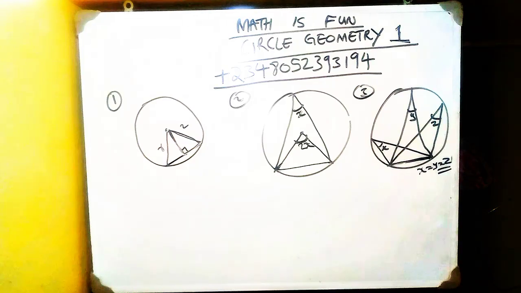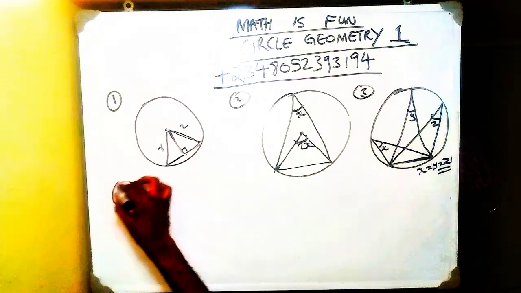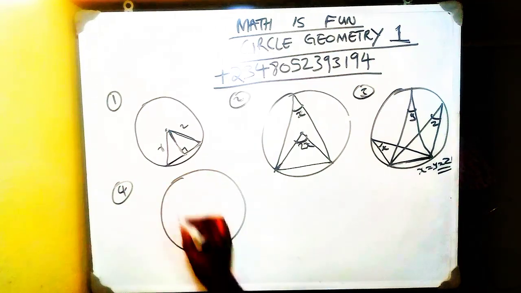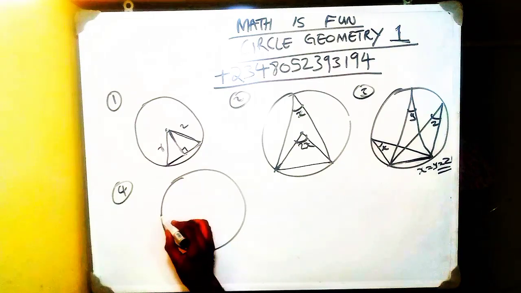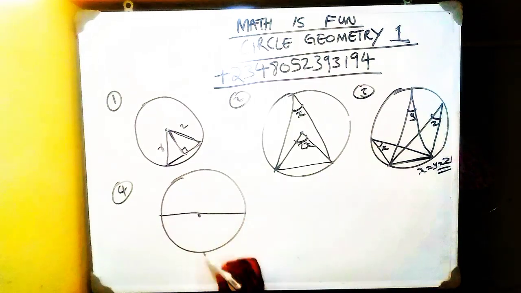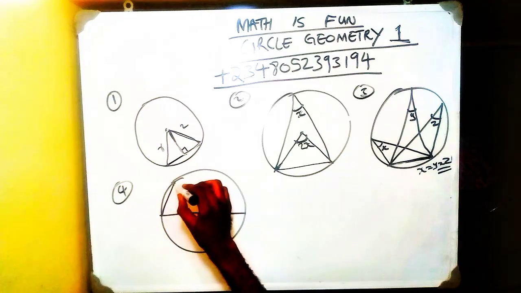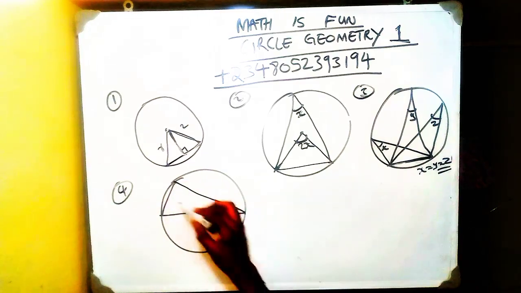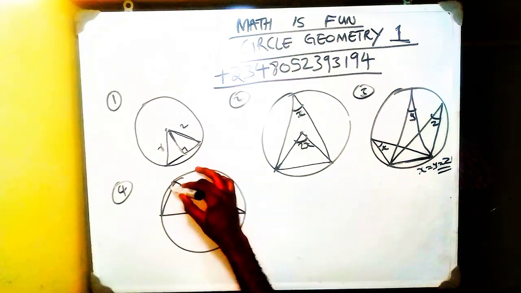Theorem 4: the angle in a semicircle is a right angle. When you have a cycle this way, and this is the center, you have a diameter passing through that center. The angle formed in the semicircle is going to be a right angle, that simply means 90 degrees.